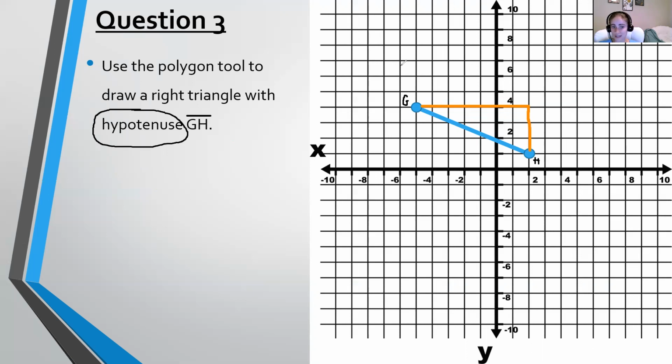Hopefully you're thinking, Miss Zalestock, you can go below. Yeah, you could also make a right triangle by going this way. So either way, whether you make the triangle above or below the line segment, we got two right triangles here. So you're all set. That's my favorite question. I think it's the easiest.